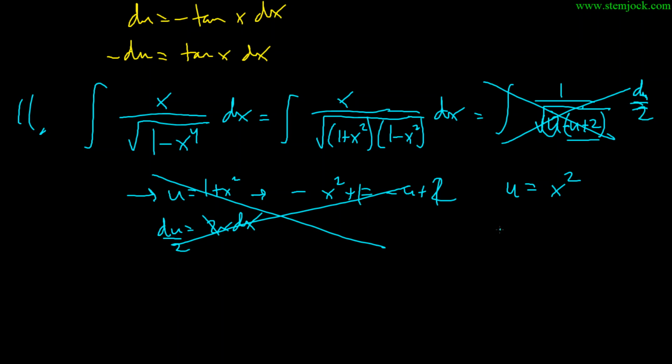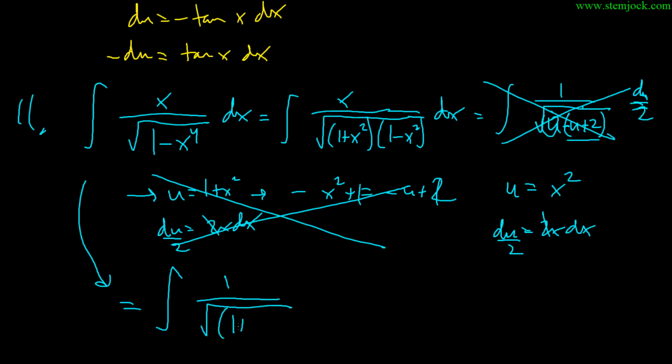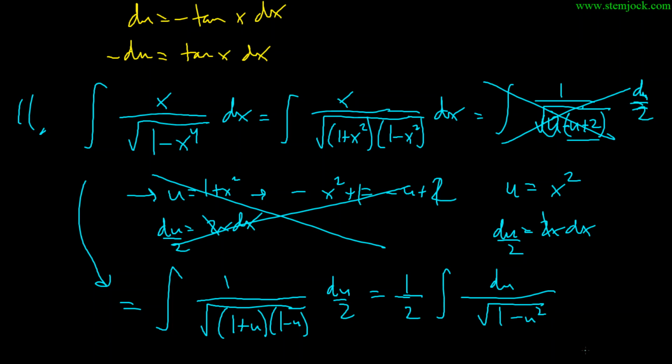So du will be 2x dx, and divide both sides by 2. So this integral here will be equal to 1 over square root 1 plus u, and then 1 minus u times du over 2. Now 1/2 is a constant. I can bring that out in front. So 1/2 and then integral, this is going to be du over square root 1 minus u squared.